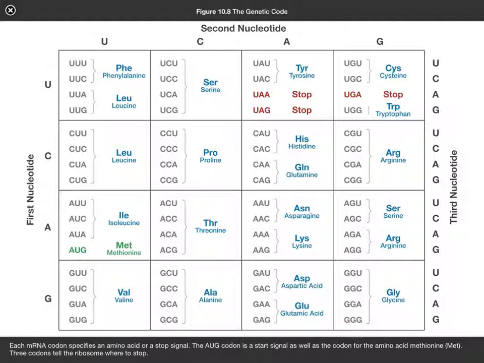You will be given the table. It will have the 3-letter abbreviation on it. So the corresponding answer to this would look something like this. We said methionine, then after methionine, you told me what? Arginine. And then you just told me isoleucine, right?